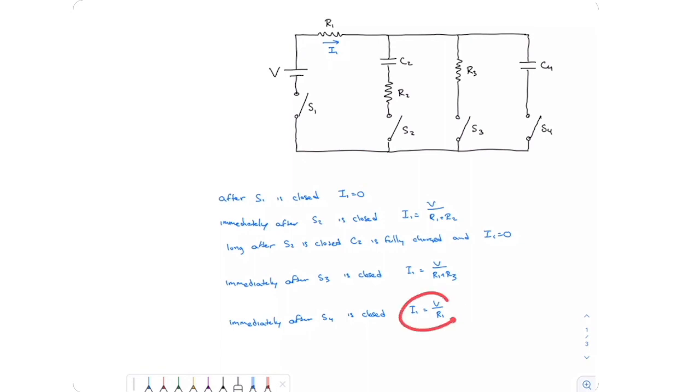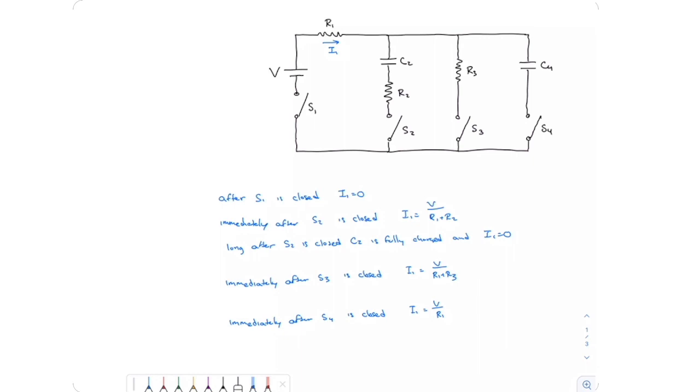And so it's just going to be V over R1, this voltage divided by that resistor, and then it just passes through. And eventually, after a long period of time, once this capacitor is fully charged, and all these switches are closed, the only path the current can take is this way. So the very final current through R1 is going to be the same as it is after we close S3.